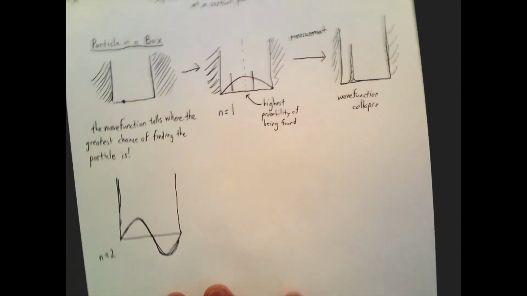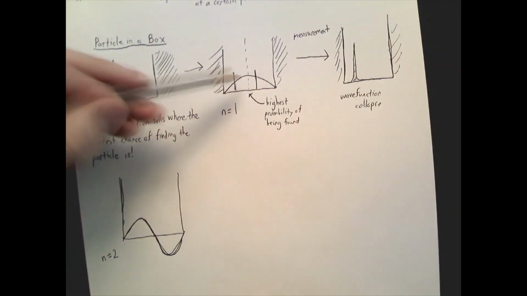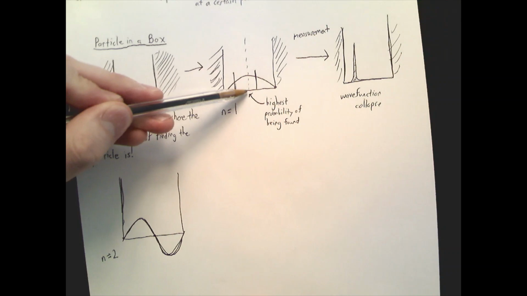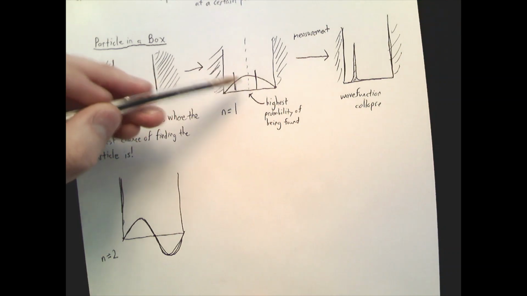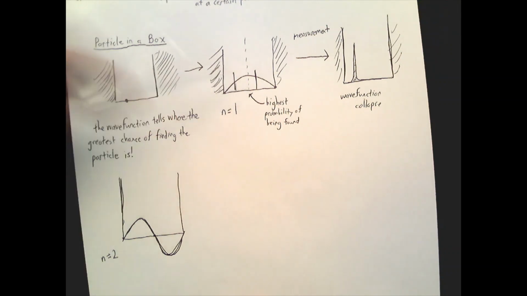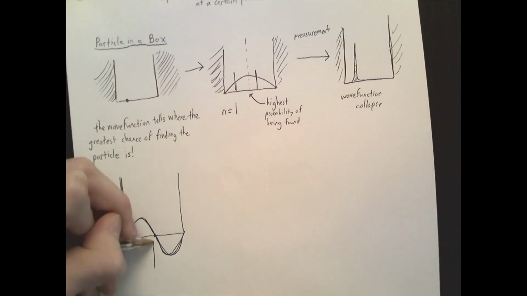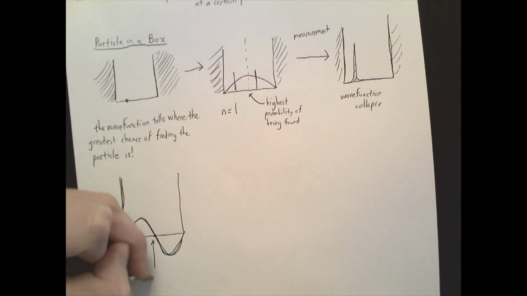And note, before we were able to find the particle most likely to be at the center. Here, the amplitude of this function is 0 at the center, and the particle cannot be found there. No chance of being at the center.